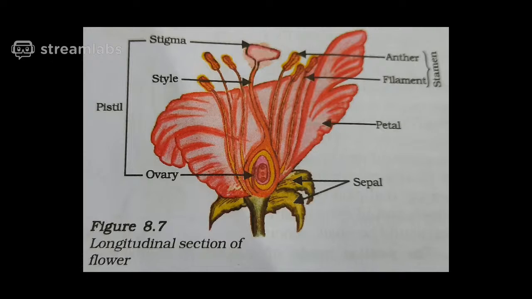The hibiscus flower is bisexual, where the male and female gametes are found in the same flower. Hence they are called bisexual.